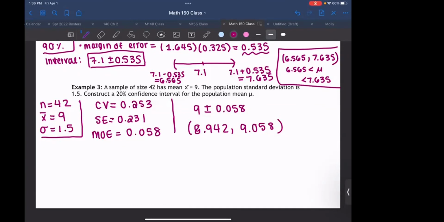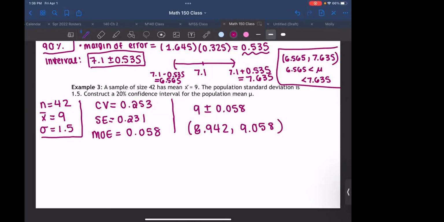Okay. Now I didn't ask you to interpret the interval in words, but does anyone want to take a crack at interpreting this using the format we used last time? Awesome.